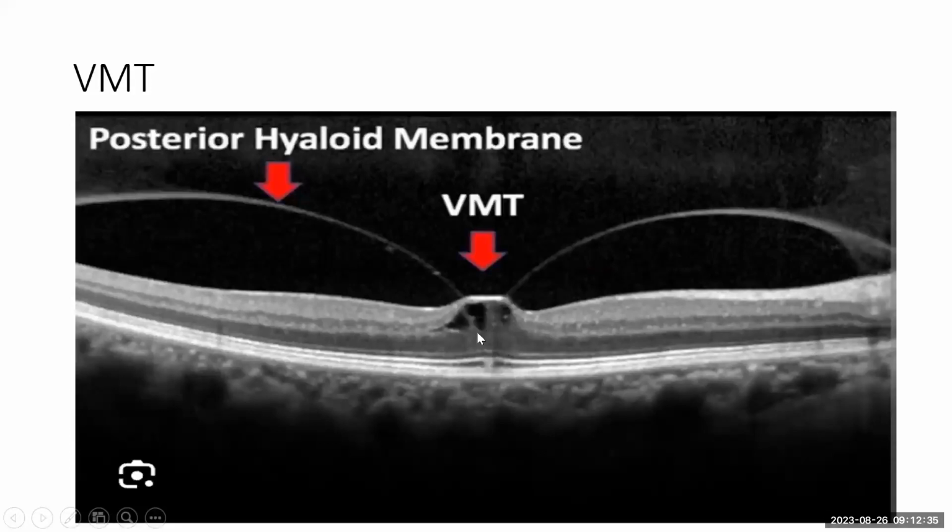And the outer nuclear layer, represented as the Henle's fibers here, is still intact, except some part of it has been pulled up, creating this space here. So this is vitreomacular traction. The difference between traction and adhesion is foveal contour disturbance.